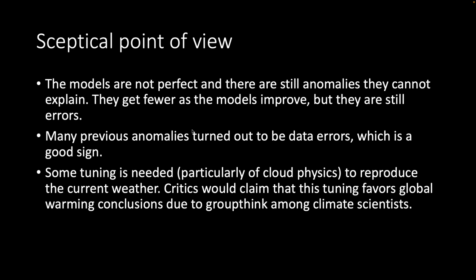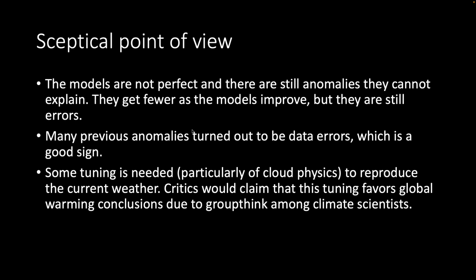So are the models perfect? No. So if I'm being a skeptic about this, there are always anomalies. For example, this whole business about possibly having 2 intertropical convergence zones is a classic anomaly, and there are a few others. As the models get better, there were a lot of things that were anomalies 10 years ago that are not now. As the models have got bigger computers and a better understanding of all the different processes, they've gone away.